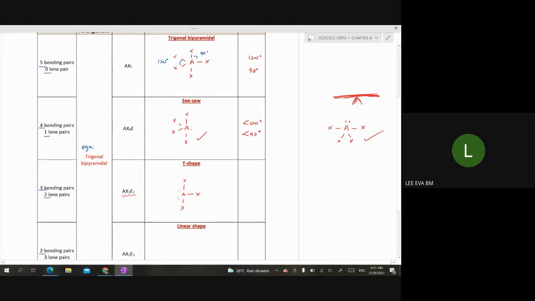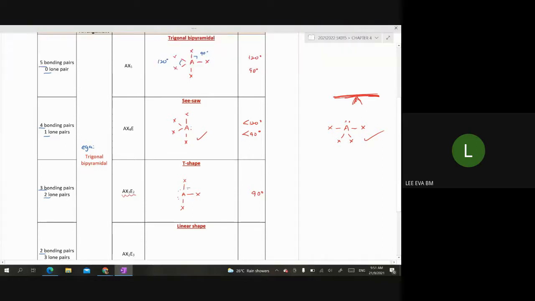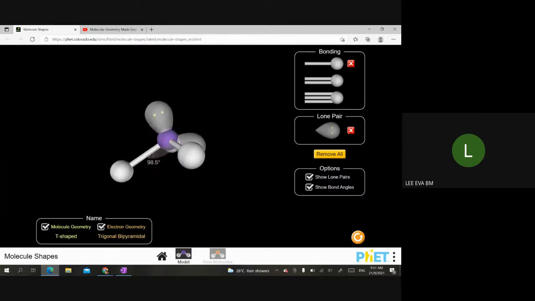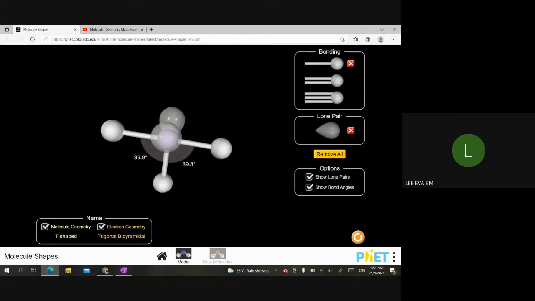Okay, so now you will see a T shape. T shape, over here we have 90 degree as the bond angle. This is your bond angle. And if you want to look how they arrange, now I put another lone pair over here. So dekat sini adalah awak punya T shape.